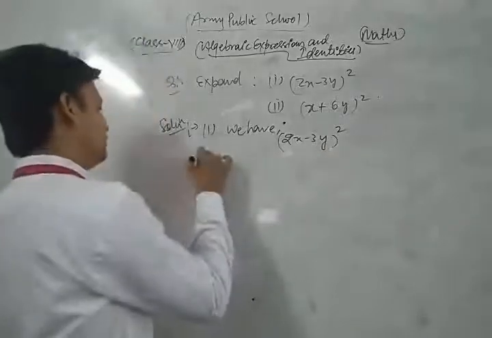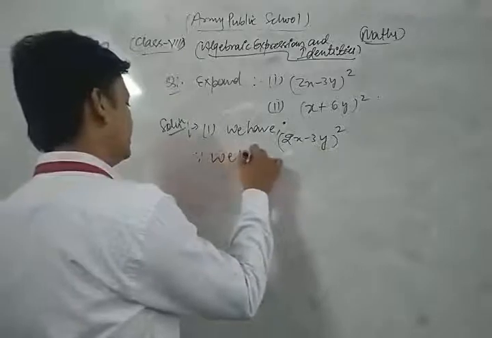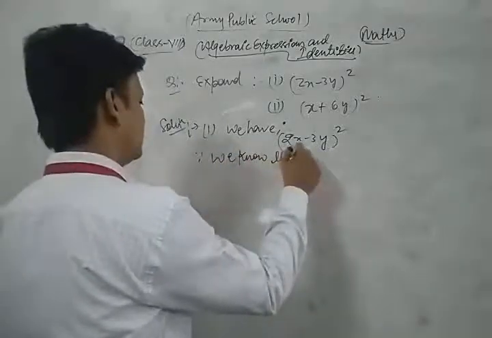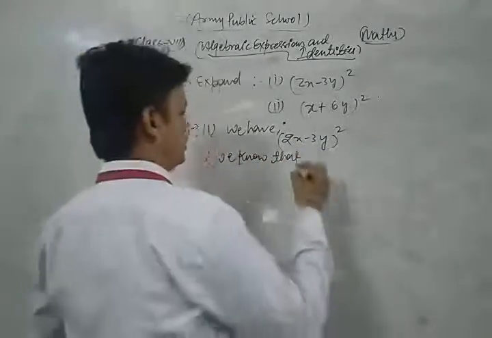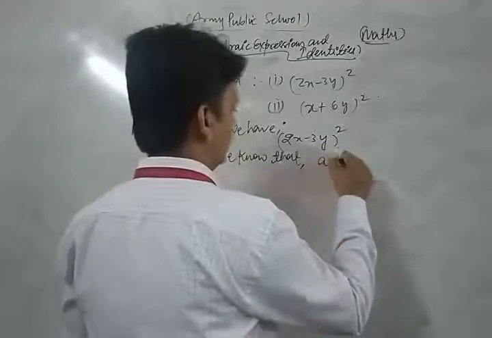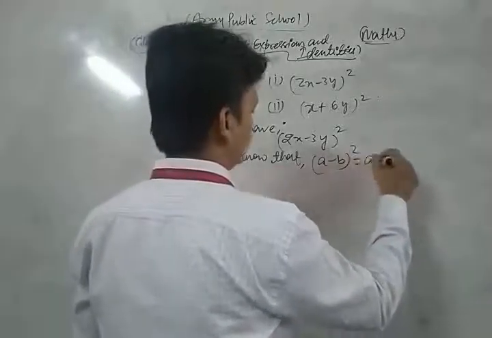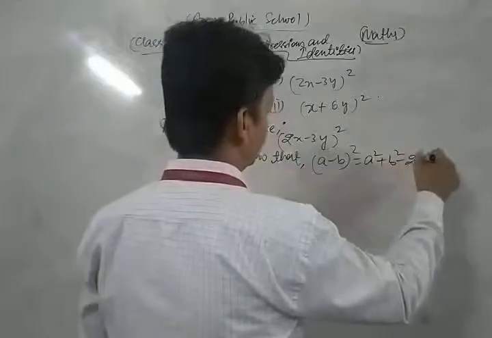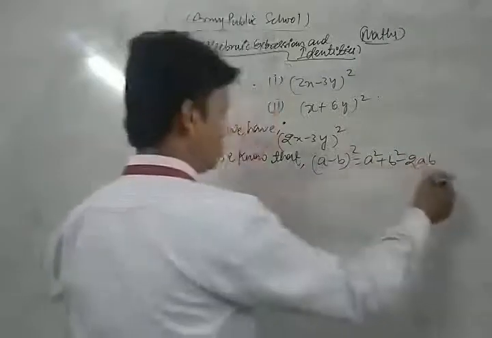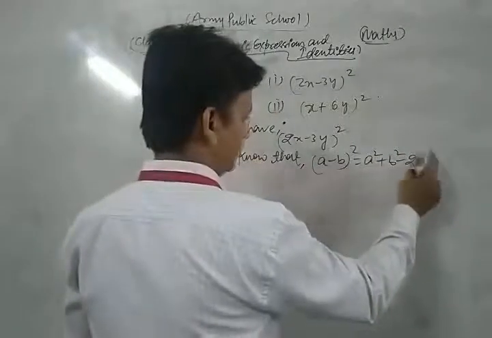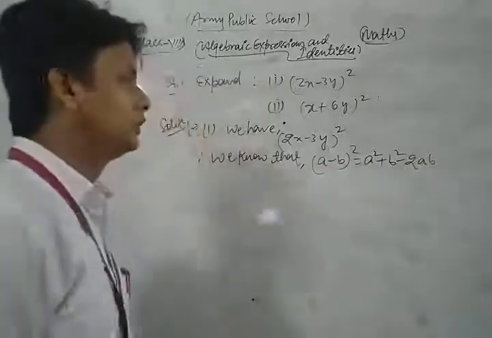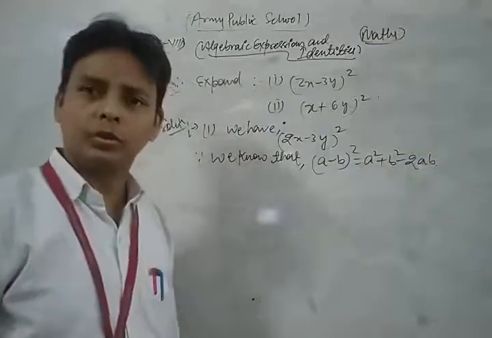Since we know that (a minus b) whole square is equal to a square plus b square minus 2ab.